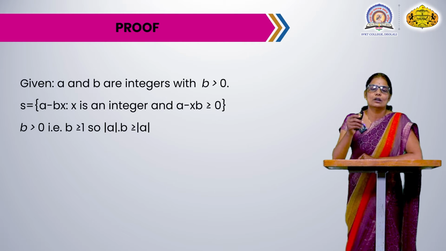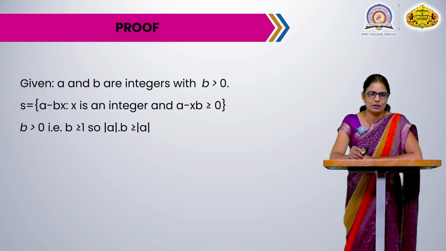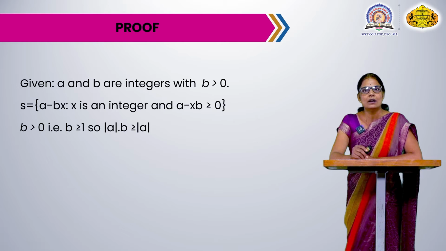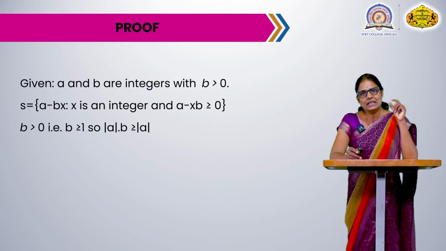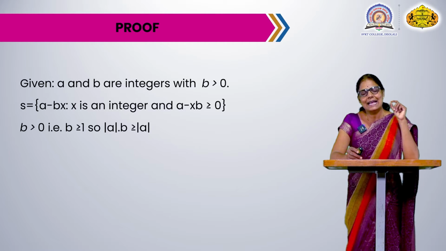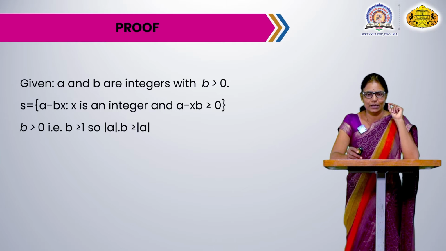Now to prove the first part, we will use the well ordering principle. The well ordering principle states that every non-empty subset of non-negative integers has a least element, or the smallest element.